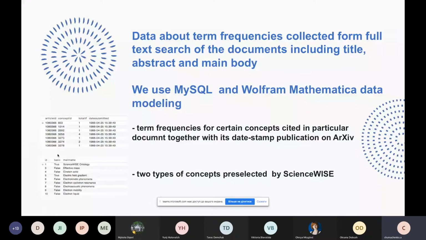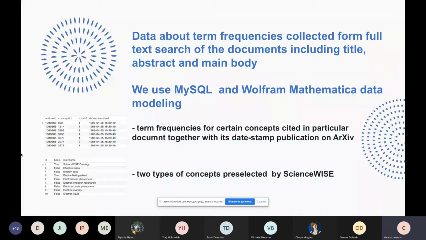We also use MySQL and Wolfram Mathematica for data modeling. It allows us filtering and useful queries of the data from our database. And what is worth mentioning, we initially have two types of concepts which were pre-selected by ScienceWise. You can see it in the second column as basic, a true or false.